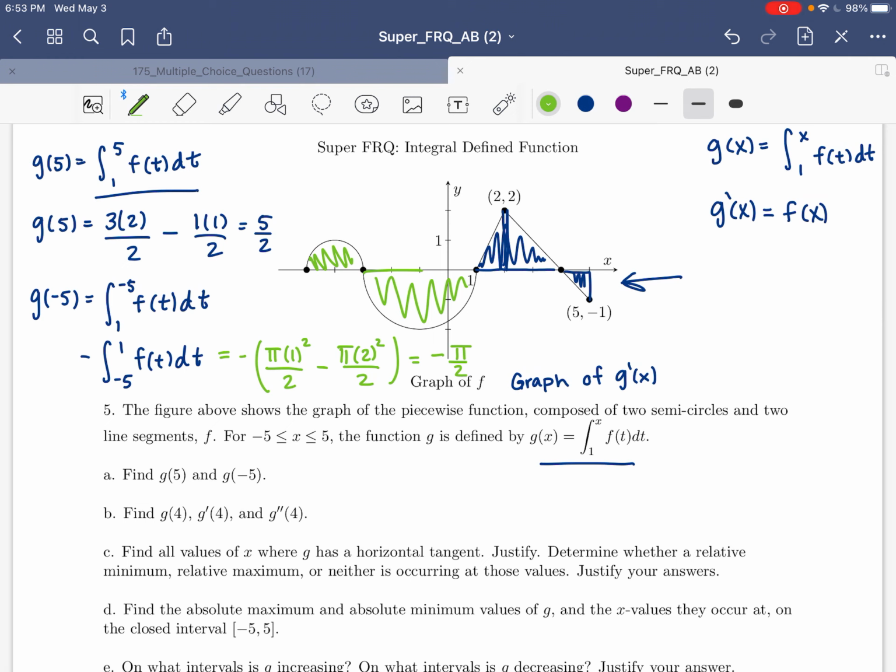So it's negative pi over 2 plus 4 pi over 2, because we distribute that negative, it makes it a plus. So really this is just going to equal 3 pi over 2. That's what g of negative 5 is. So we can write this. We might need it later. G of 5 is going to equal 5 halves. And g of negative 5 is going to equal 3 pi over 2.